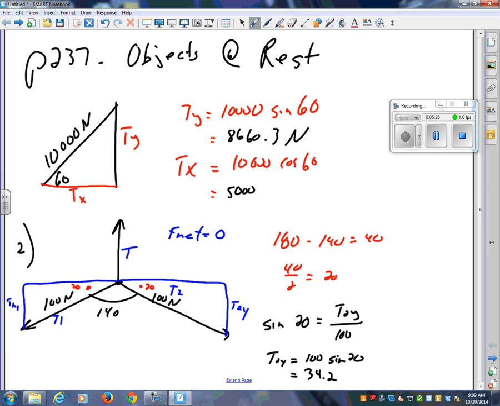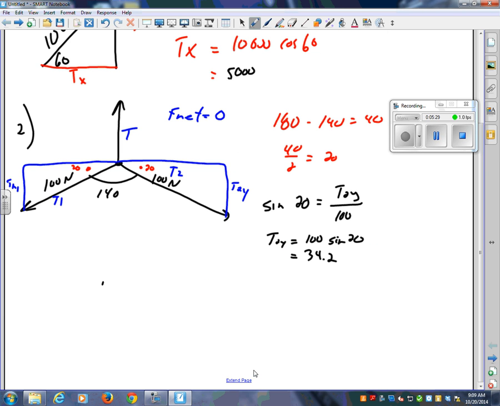All right? And then you would say t1y is also equal to 34.2. So T is equal to 34.2 plus another 34.2, or 68.4 newtons.